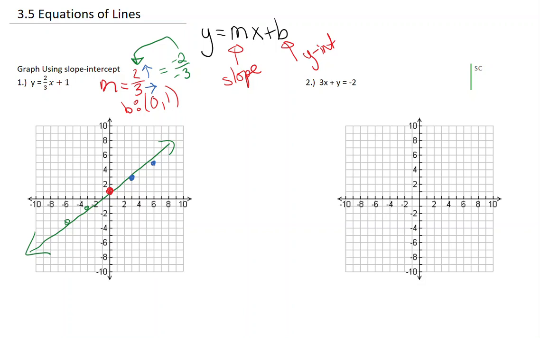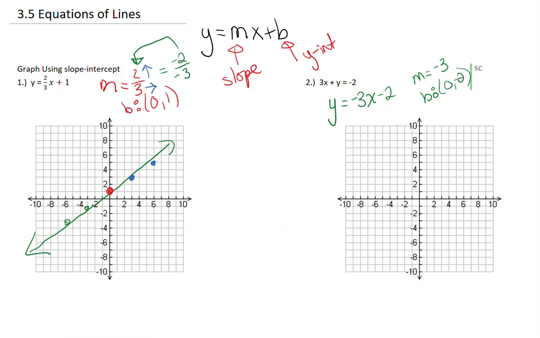If we look at number 2, we can see that this is in standard form. So what we're going to do is rearrange this so that we can get the y by itself. When we get this, we notice that our slope is -3 and our y-intercept is -2.